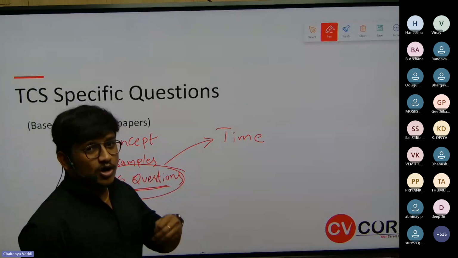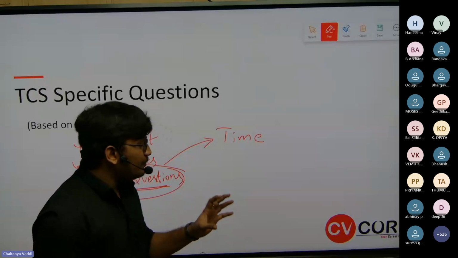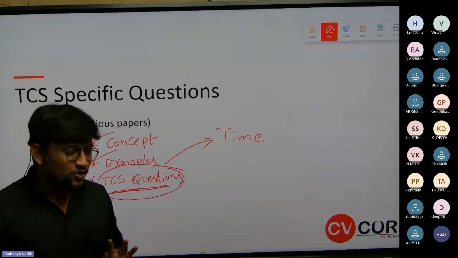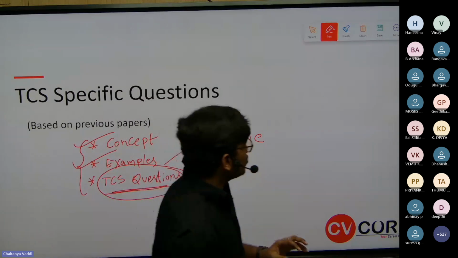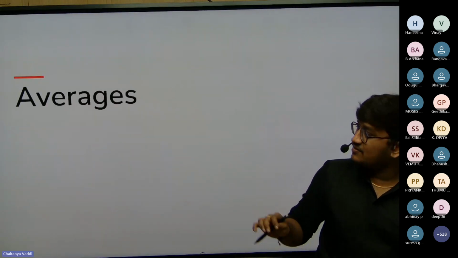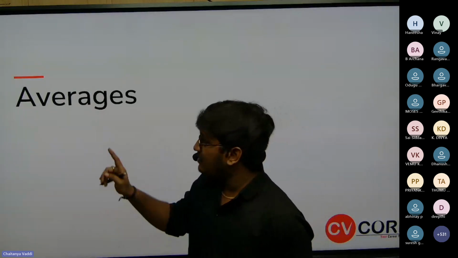Completing all the concepts in 10 days is highly impossible, so I will pick the topics which are most important in aptitude for TCS NQT. For the first topic, we'll start with the most important topic in TCS NQT, which is averages.